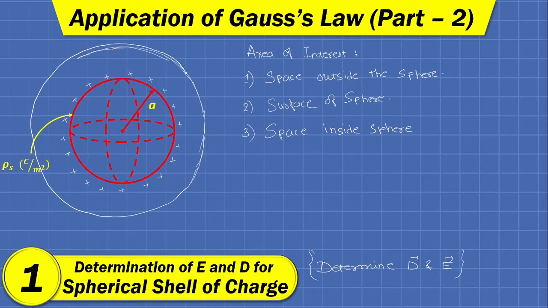If I select a spherical Gaussian surface, then D bar or E bar due to this charge distribution will be like this. I can have the direction of D bar normal to the surface at every point. So this is the first reason that I am selecting a spherical surface as the Gaussian surface: D bar is normal at every point of the Gaussian surface.